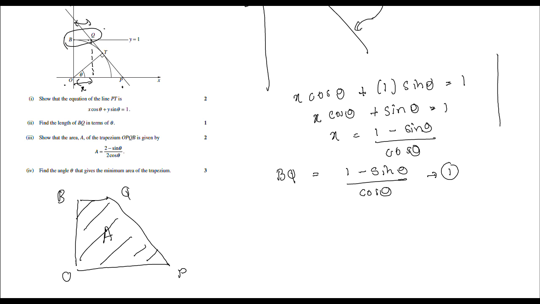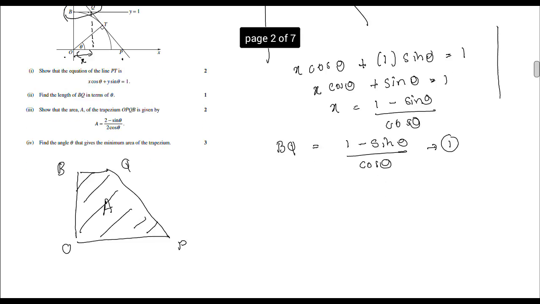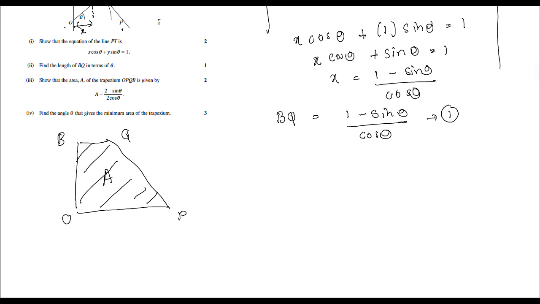Okay, so how do you find a trapezium area? It should be fairly well known by now for you guys who are doing the HSC exams, but to make things clear, if this is A, this is B, this is H, let's say, the area of it would be H over 2 times (A plus B) normally.